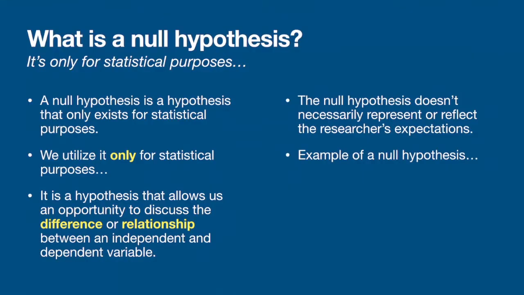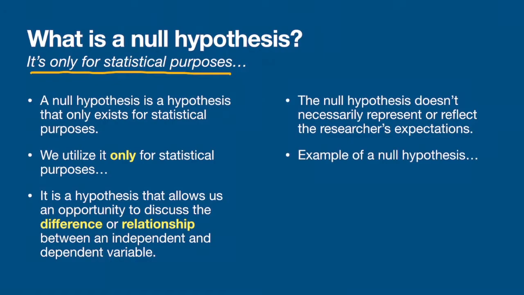So let's look at a third type of hypothesis, and this is the area that we'll spend most of our time in. This third type of hypothesis is what we call a null hypothesis. Now, there is something that I'd like you to get right off the bat here. This type of hypothesis is only for statistical purposes.